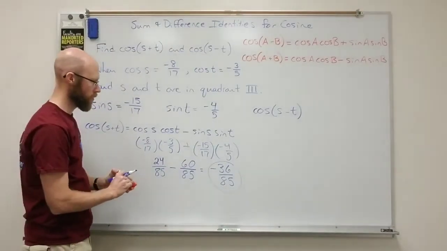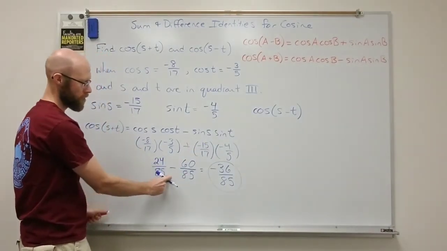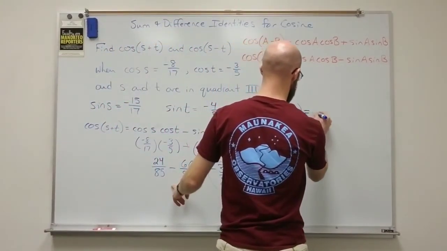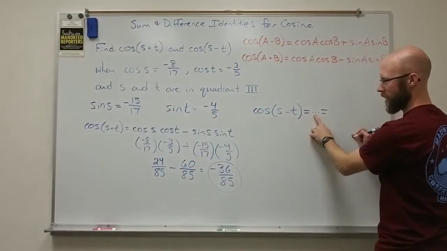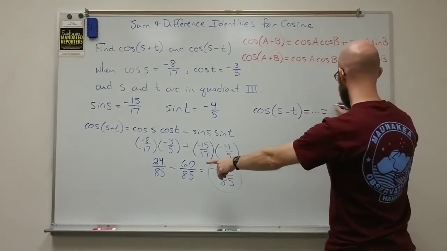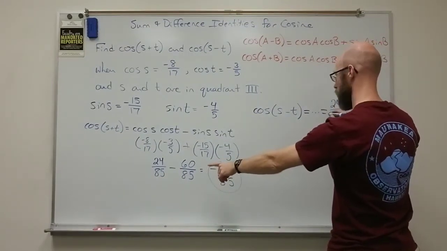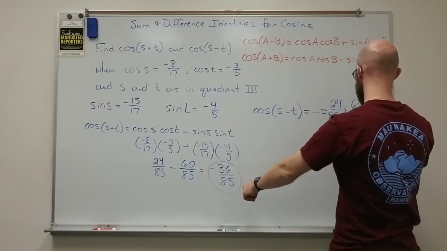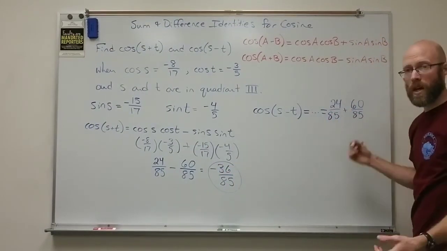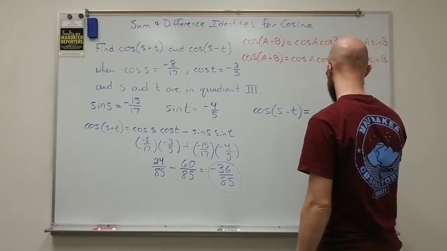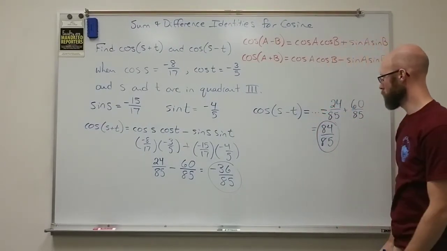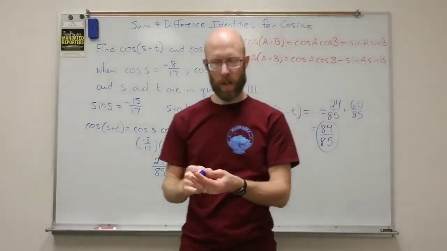So that would end up giving me a double negative, makes that a plus instead of a minus. So I really have, I'll fill in with dots because I won't rewrite all this, 24 over 85 plus 60 over 85. And that value is 84 over 85, which does not reduce. 84 over 85, okay?